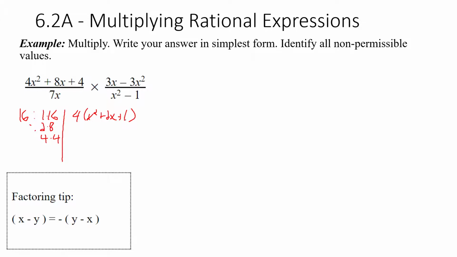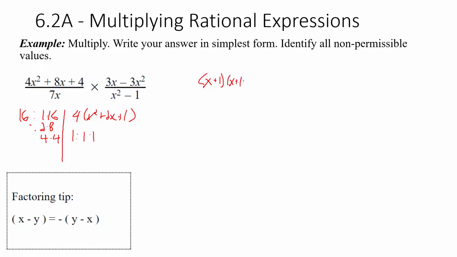We're looking for two factors that multiply together to give us 1. The only way we can get 1 is 1 times 1. And if you add these two together, you'll get 2x. So we're going to break this term into x plus 1 times x plus 1.